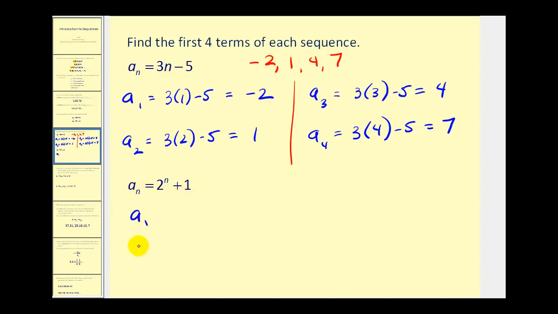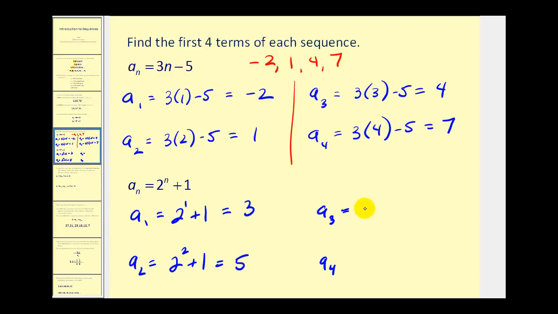We want to find a sub 1, a sub 2, a sub 3, and a sub 4. So notice n is now the exponent, so we have 2 to the first plus 1 for a sub 1. That would be 2 plus 1, or 3. For a sub 2, we'll have 2 to the second power plus 1. That's 4 plus 1, or 5.